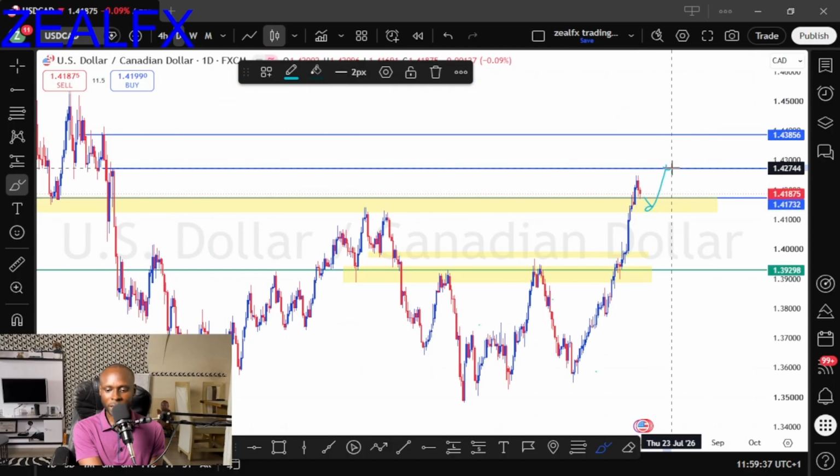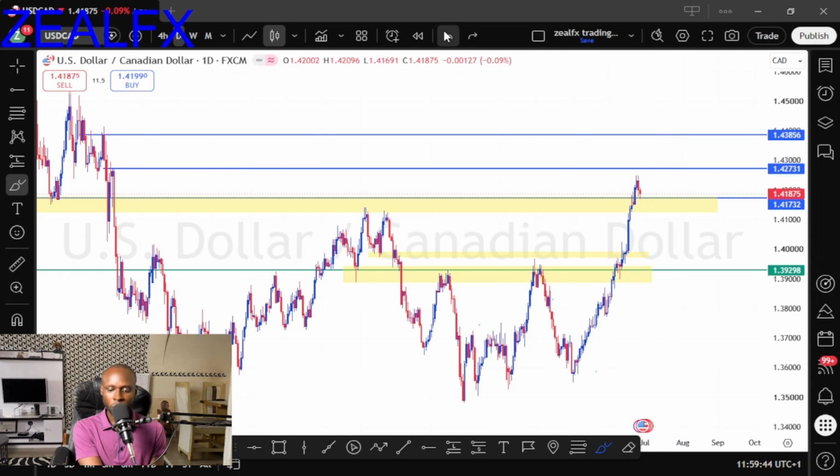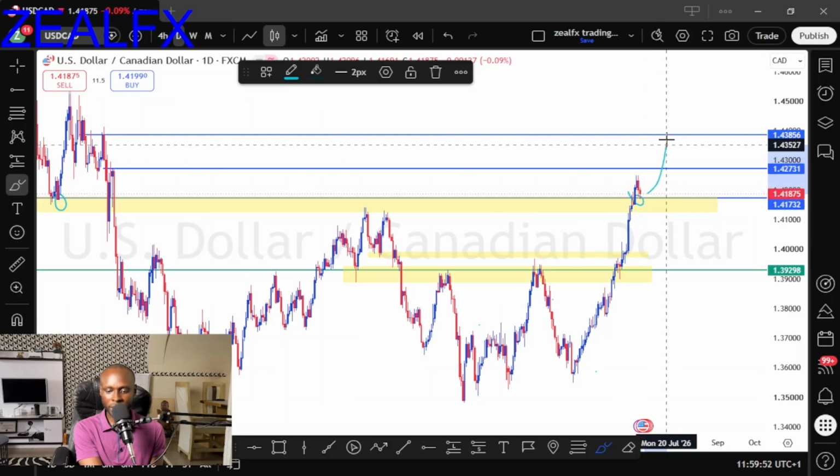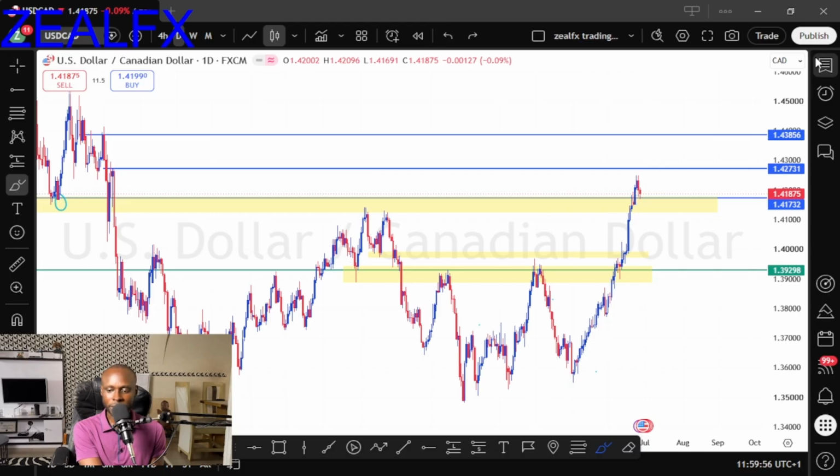If price breaks this level, this might trigger the next buying to this next resistance level. We currently see price reacting to this level already. So this might trigger the buy from this level to this area and here to this level. So this is what we're expecting from the USD CAD this week.